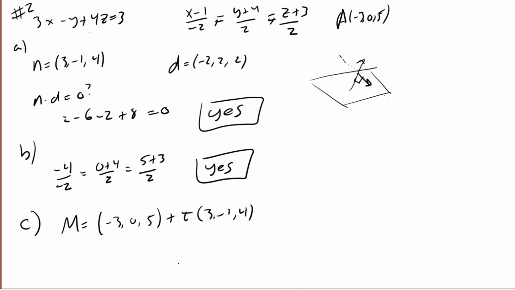It says find the parametric equations. So let's write that as x of t equals 3t minus 3, y of t equals minus t, z of t equals 4t plus 5.